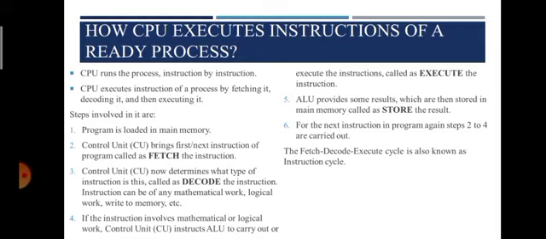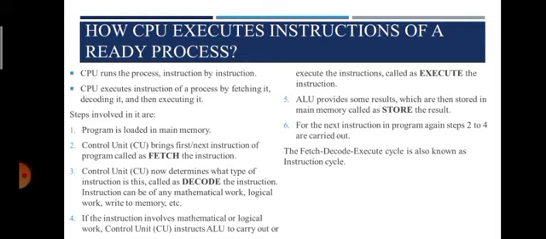Steps involved in it are: program is loaded in main memory, control unit brings the first or next instruction of program, called as fetch the instruction. Control unit now determines what type of instruction this is, called as decode the instruction.